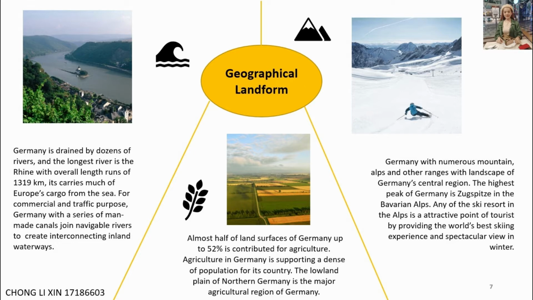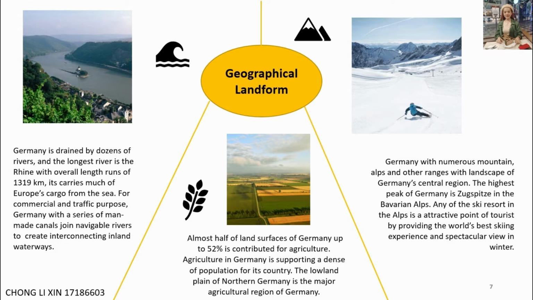This river carries much of Europe's cargo from the sea to Germany. And for commercial and traffic purposes, Germany has a series of man-made canals joining navigable rivers to create interconnecting inland waterways.